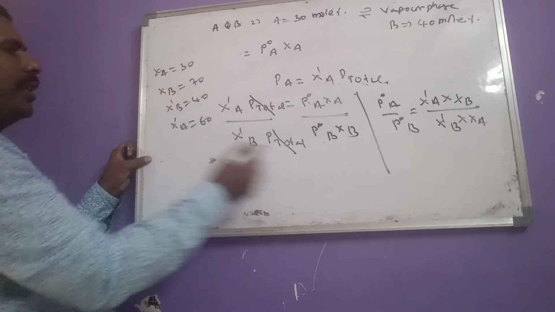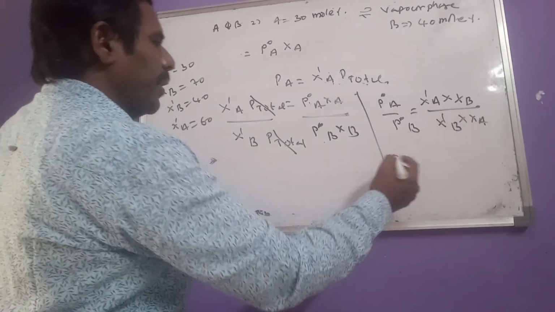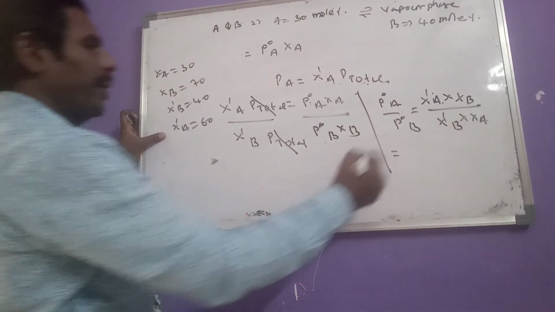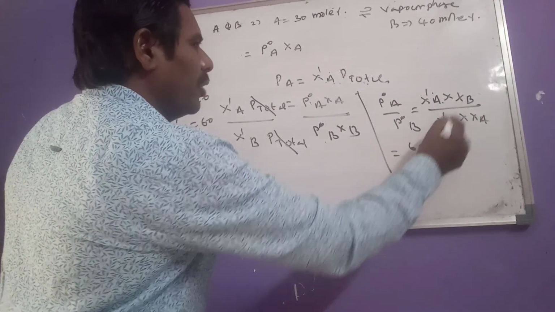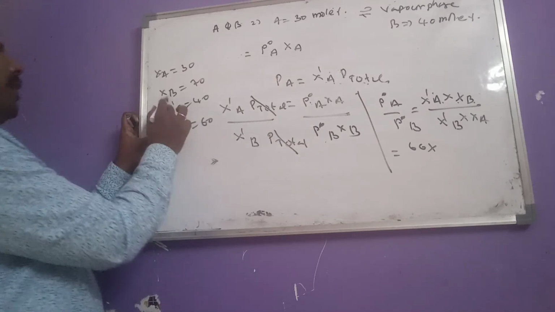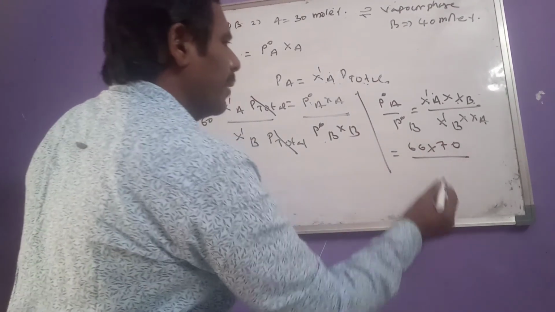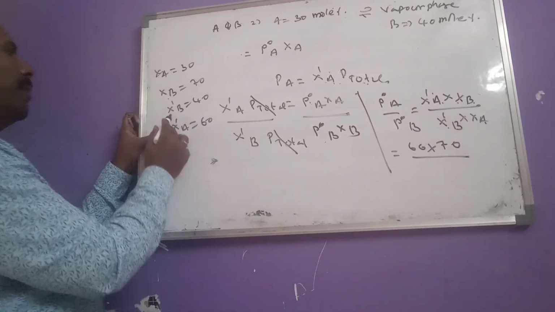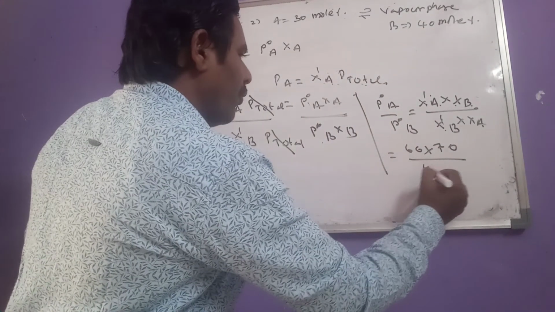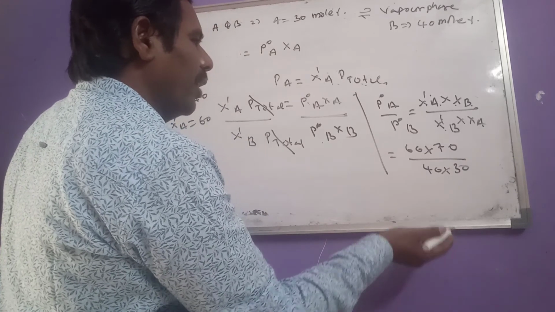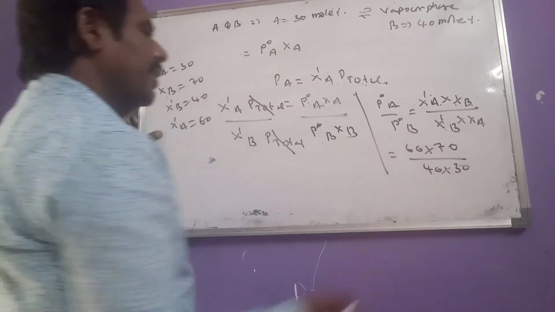By substituting these values in that expression, X dash A means 60 into XB means 70, divided by X dash B means 40 into XA, 30. So upon that calculation, we can get the answer.